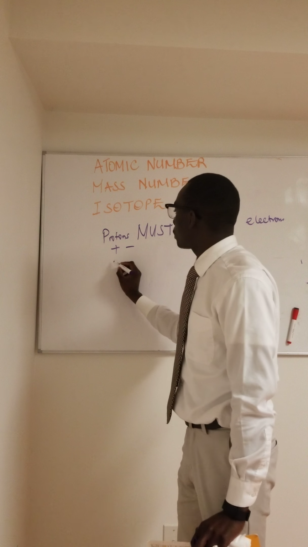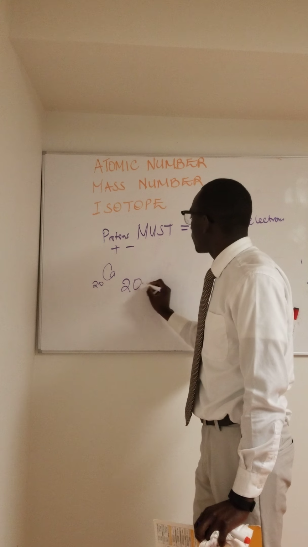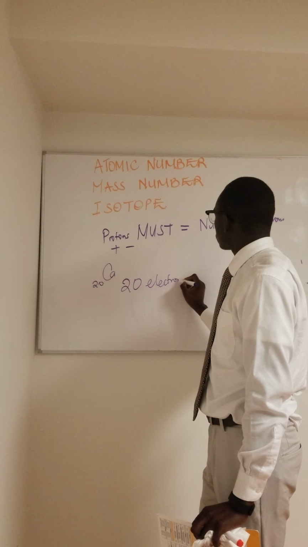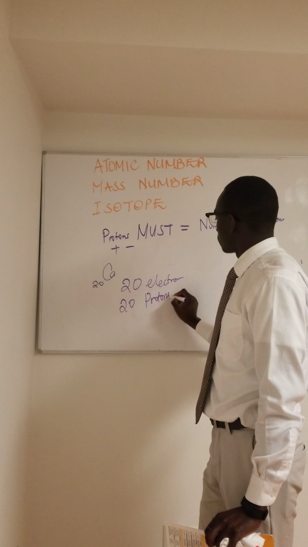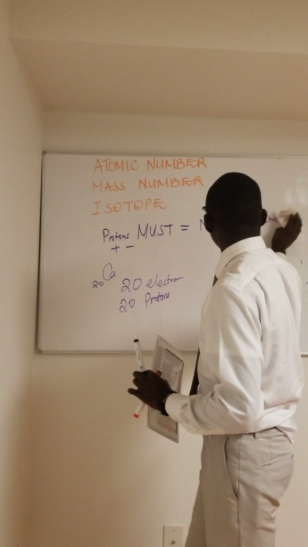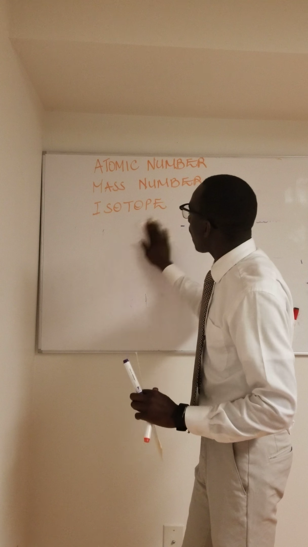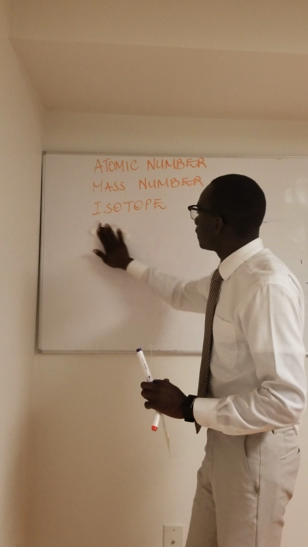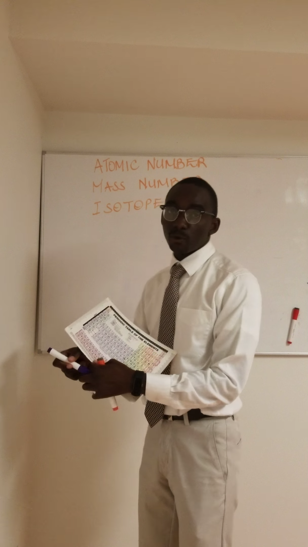So if you have calcium 20, that means you have 20 electrons with 20 protons. You have to watch out for this. In most of the exercises, like the one I'm going to display here, they show how they can manipulate these elements and generate a number of testable questions.